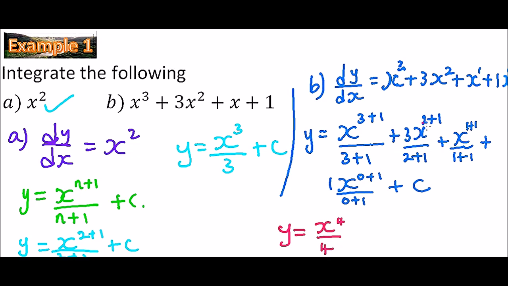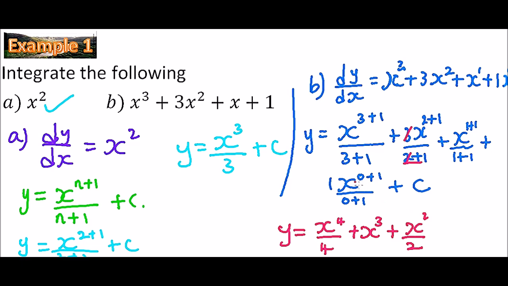The second term is 3x cubed divided by 2 plus 1, which is 3, so this 3 and this 3 cancel, and we will be left with plus x cubed. Then here we have 1 plus 1 is 2, so we have plus x squared divided by 2.